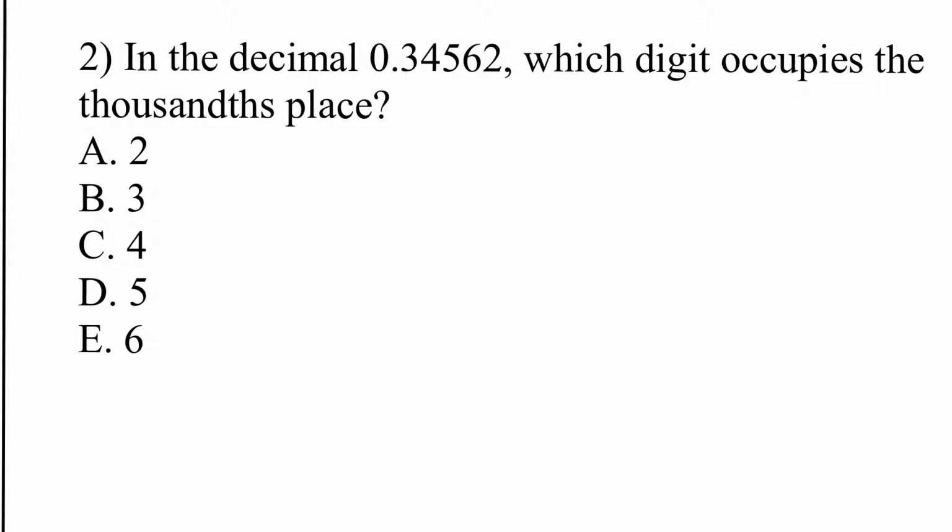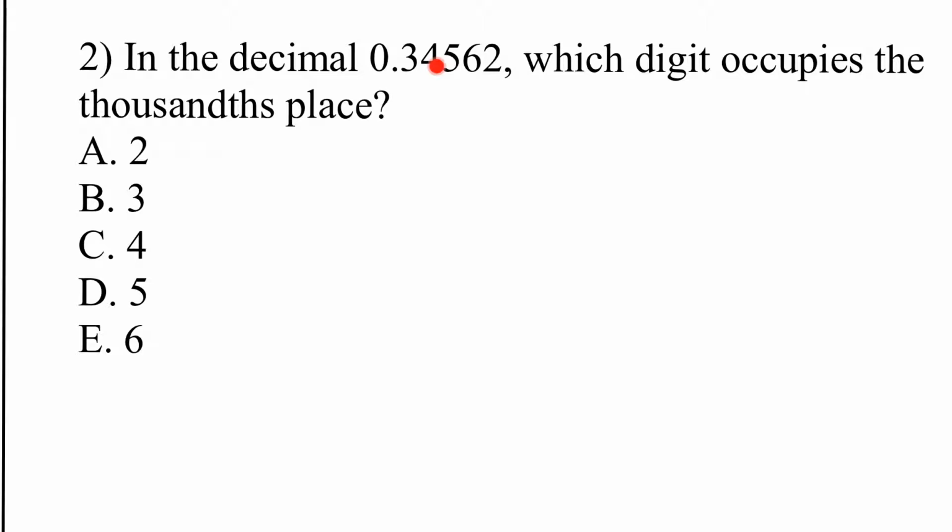In the decimal, now you can read this in a couple different ways. You can read it like a child, which honestly I do far too often. Like a child would be saying, this is 0.34562. But if you're going to read it correctly, you would say 34,562 and then name this place.